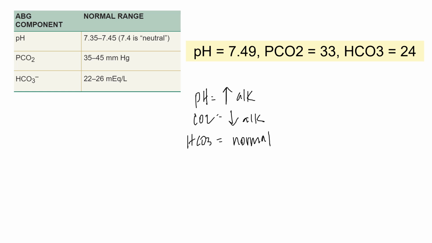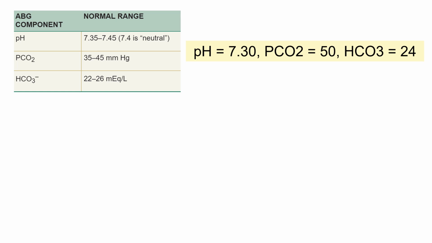And let's see what we have. So we're going to go by the pH, which is alkaline. So we are in alkalosis. Is it metabolic or respiratory? Well, metabolic is normal, respiratory is abnormal, and alkaline, the same. So it is respiratory alkalosis.